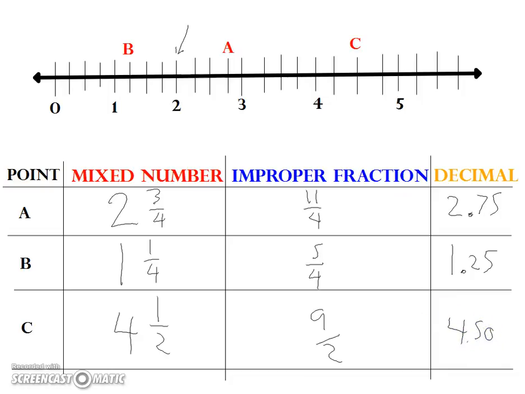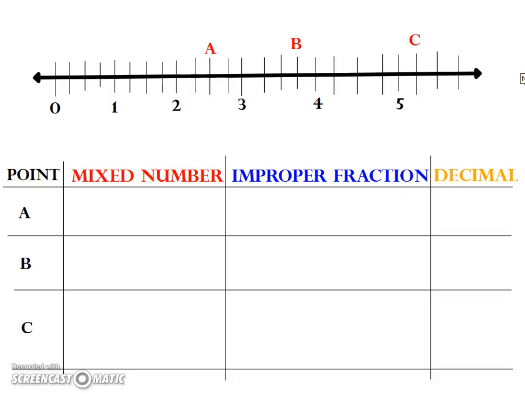Here's your page to try out. Same exact kind of thing. A is 1/4, 1/2, 2 1/2, which makes 4, 5, 5/2, and 2.50. B, we came past the 3, 1/4, 1/2, 3/4, 3 3/4. 4 times 3 is 12, plus 3 is 15, 15/4.